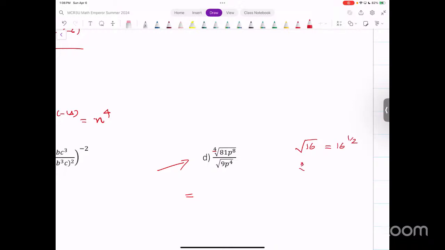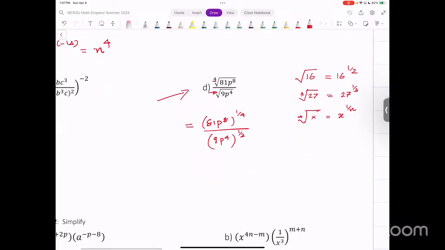When you have a cube root of 27, this is 27 to the power of 1/3. When you have an nth root of x, it is x to the power of 1 over n. So it's 81 p to the 8 to the power of 1 over 4, divided by 9p to the 4 to the power of 1/2. Because it doesn't have anything, by default it's 1/2.